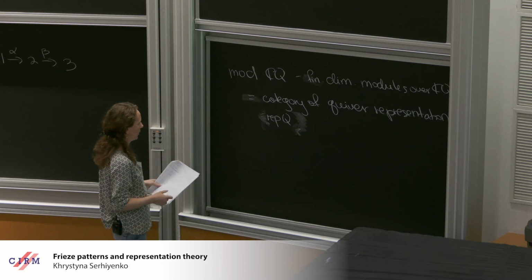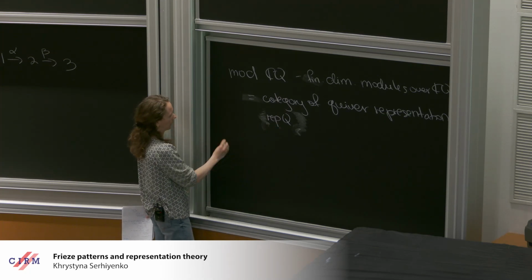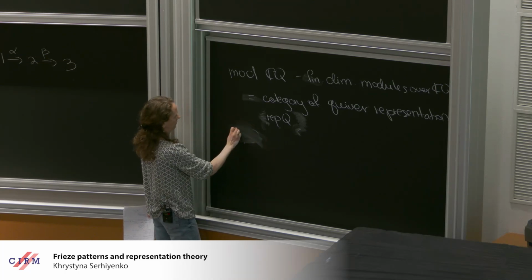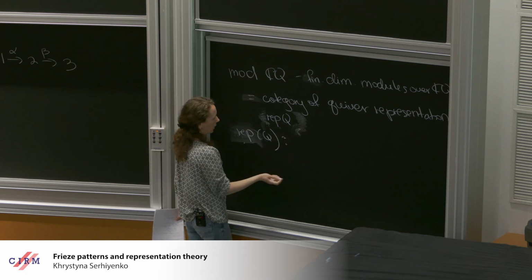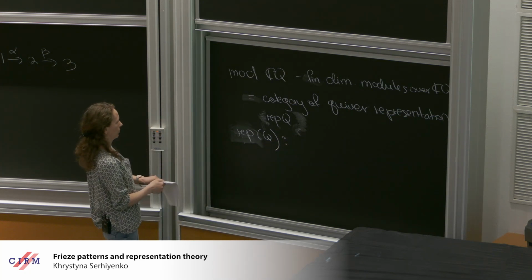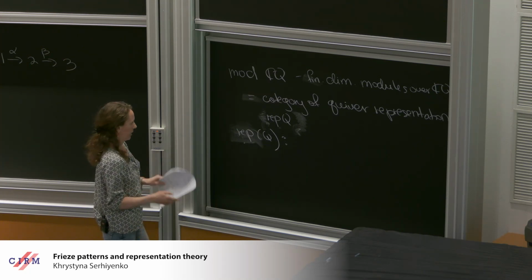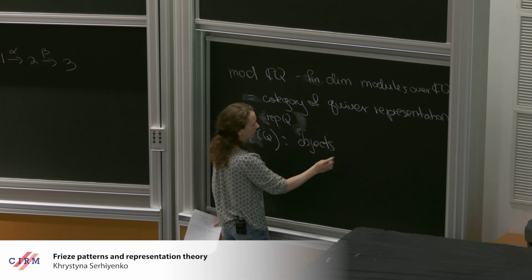So let me explain what the objects and the morphisms in the category rep Q are. Okay, so what is this rep Q? The objects are quiver representations. So what are my objects here?